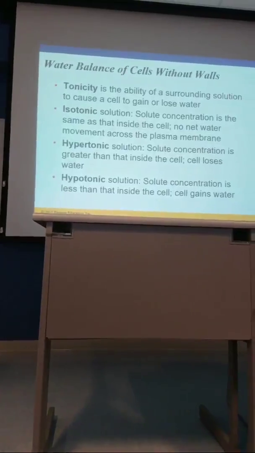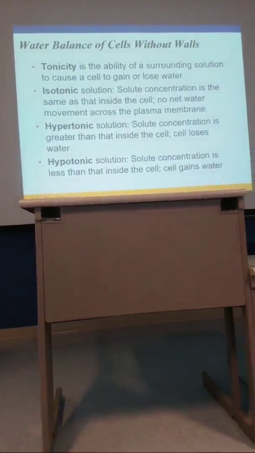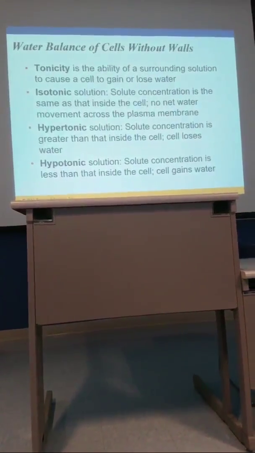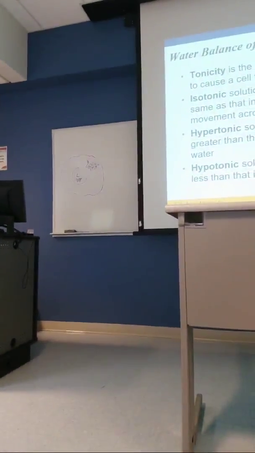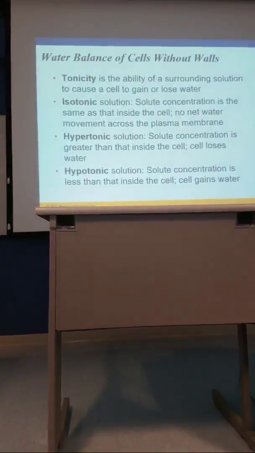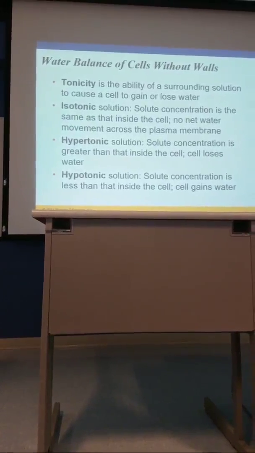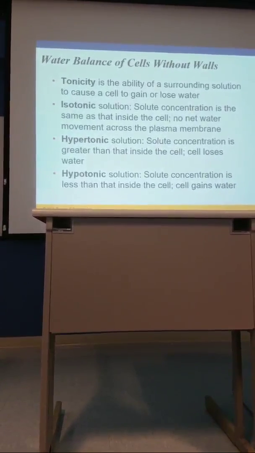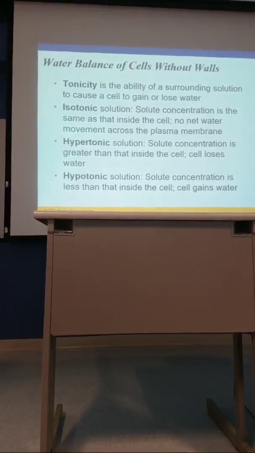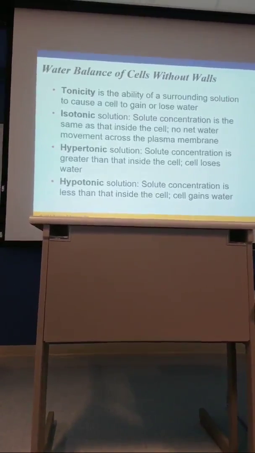If the solute is greater outside the cell than it is in, like the situation I drew on the board, that is said to be hypertonic. It's all referring to the concentration outside the cell. If the concentration outside is greater, it's hyper. If it's lower outside the cell, it's hypo.